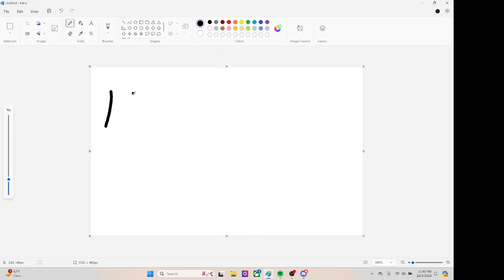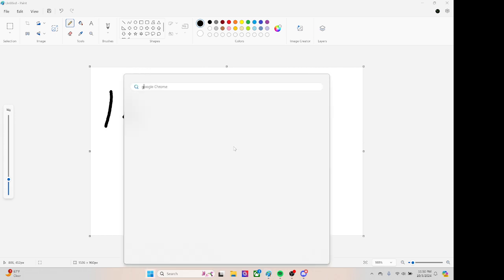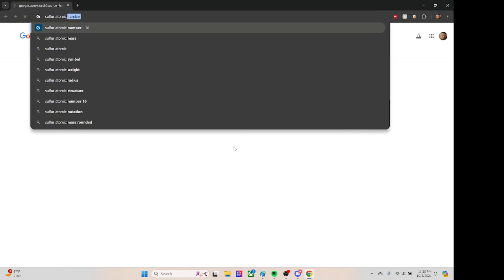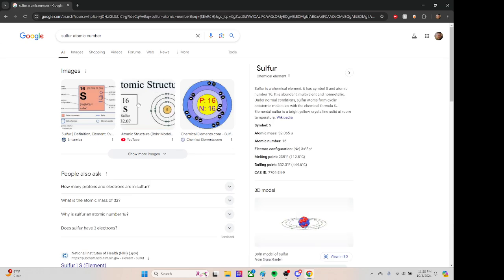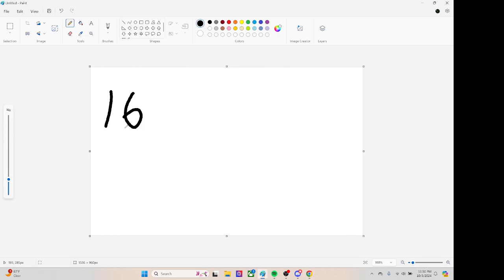Sulfur has 16 as its atomic number, and the mass number is 32, so the number of neutrons is also 16. Sorry about that, guys.